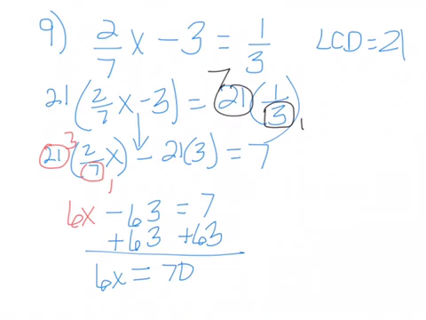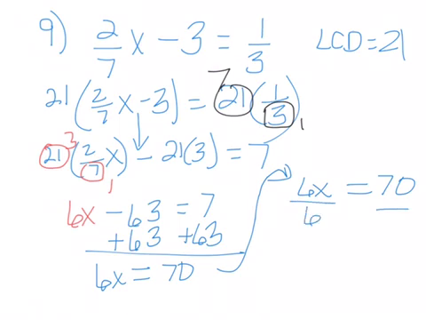We need just plain x. So how do you undo multiplication by 6? If you were thinking divide, you're right again. We're going to divide both sides by 6. 6x divided by 6. Any number divided by itself is 1. And 1 times x is x.